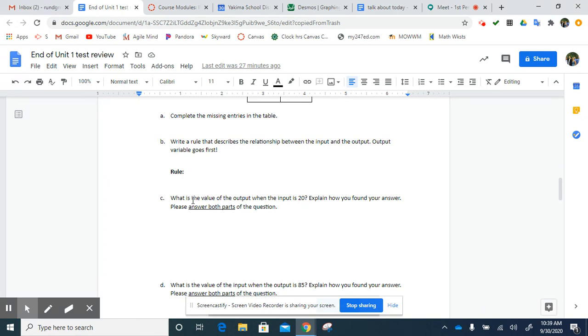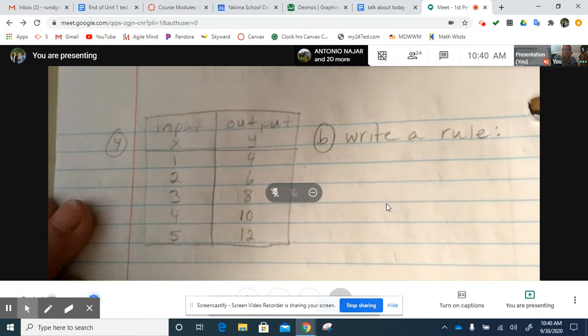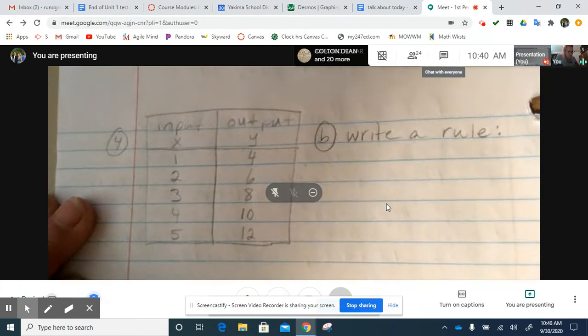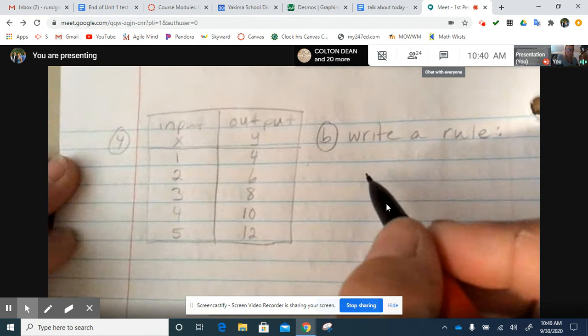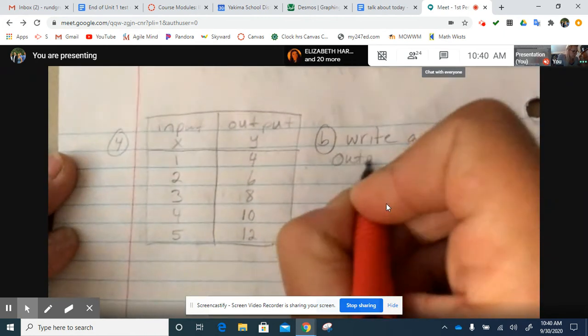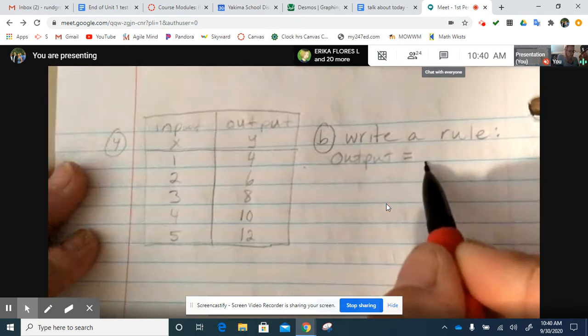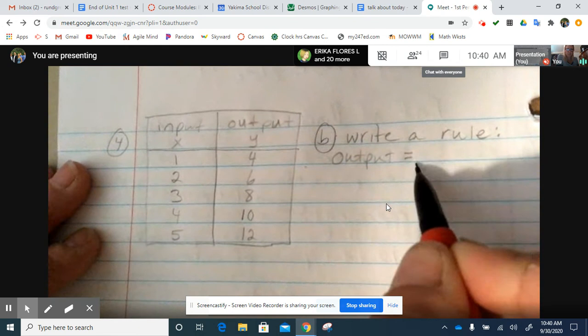So on your paper, put B, write a rule. Okay, so remember, output variable goes first. So it's kind of like saying the output equals, and then something that we're going to do to that input number.